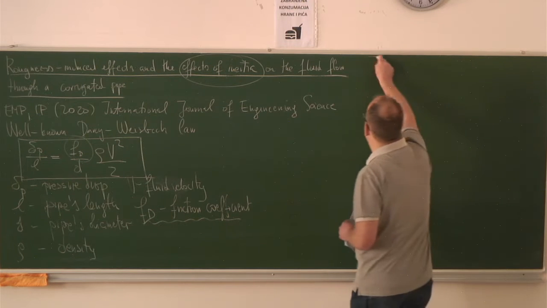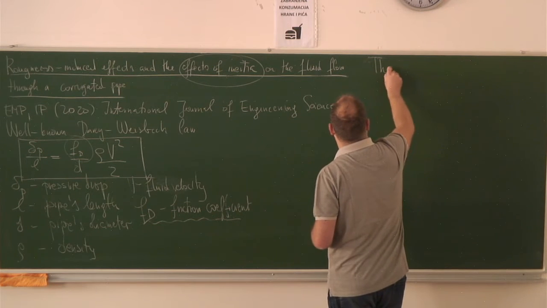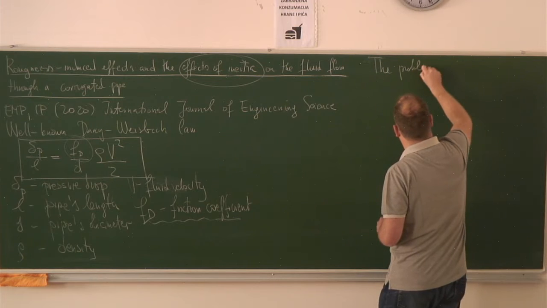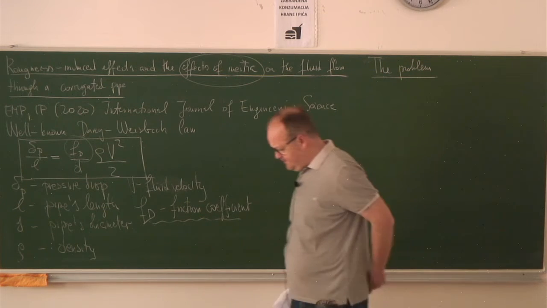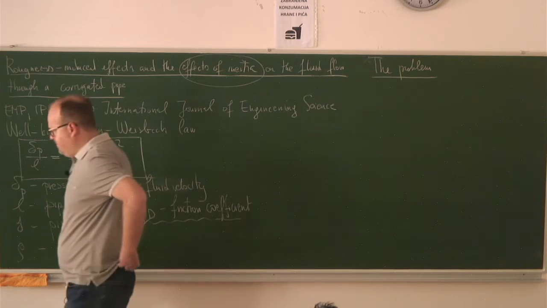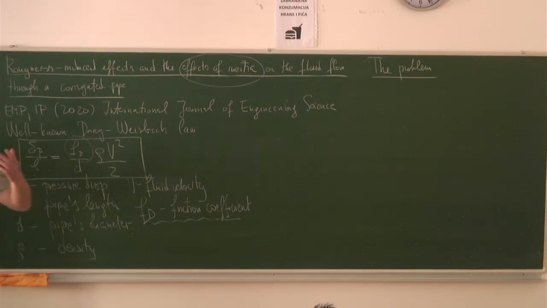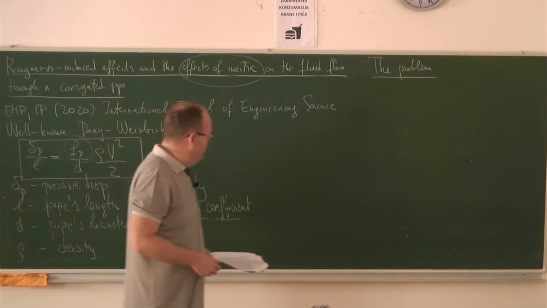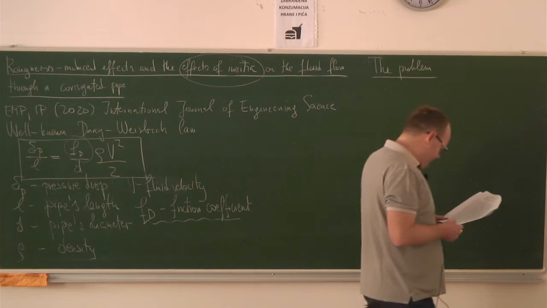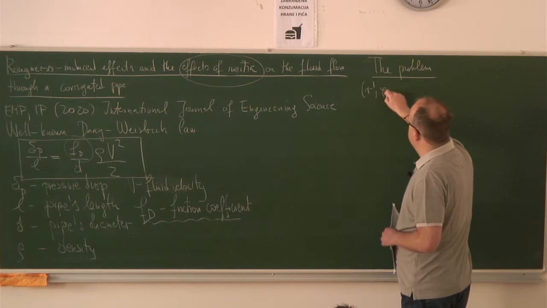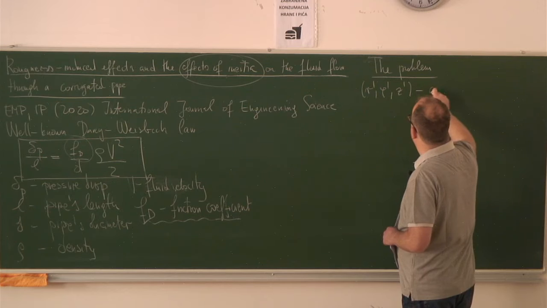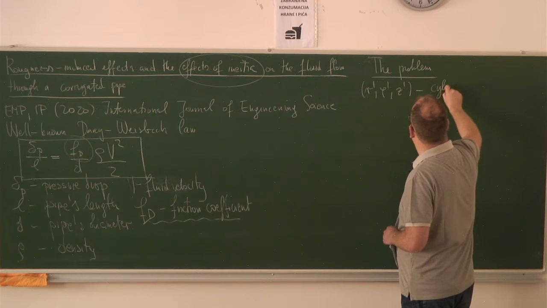So the problem is the following. Of course, we studied the cylindrical pipe, so the pipe with circular cross-section, which is the most usual one in the applications. And therefore we employ cylindrical coordinates.